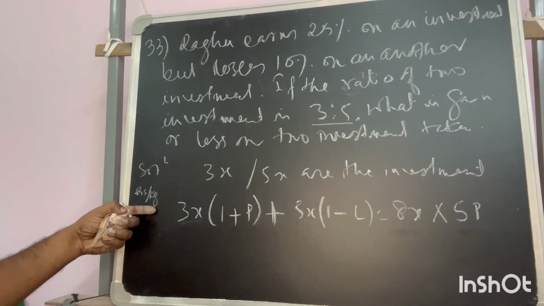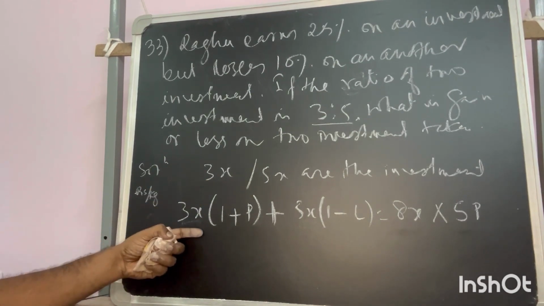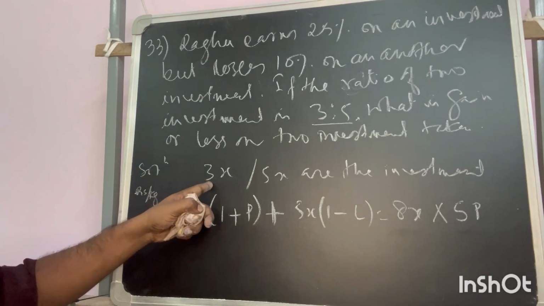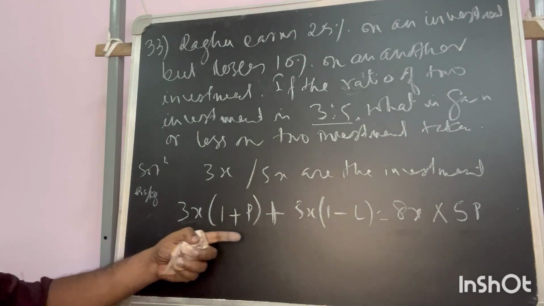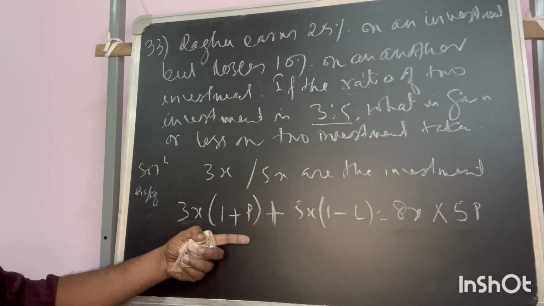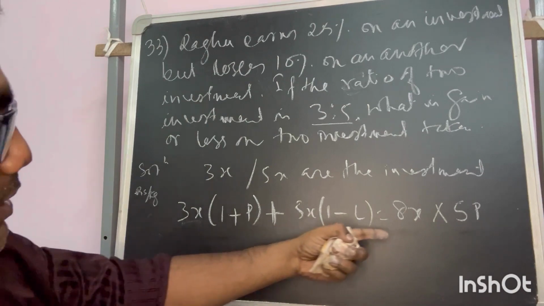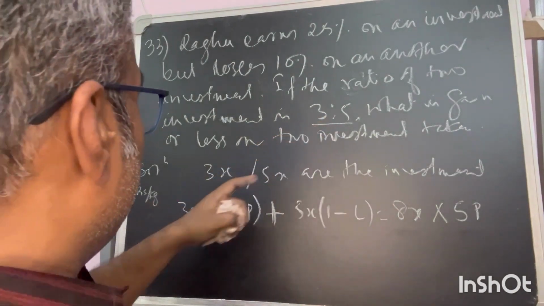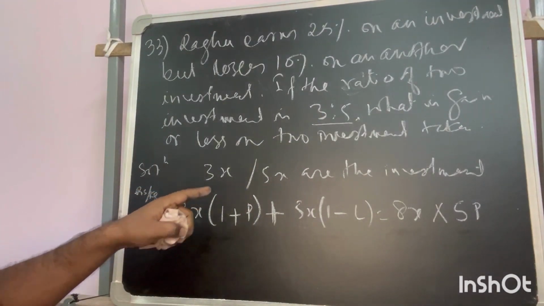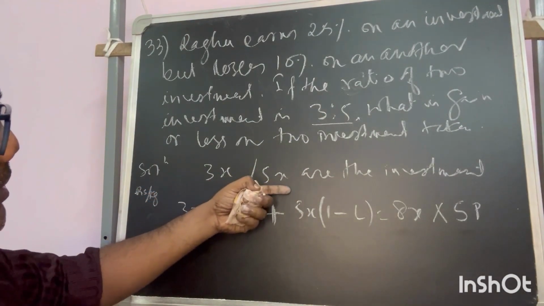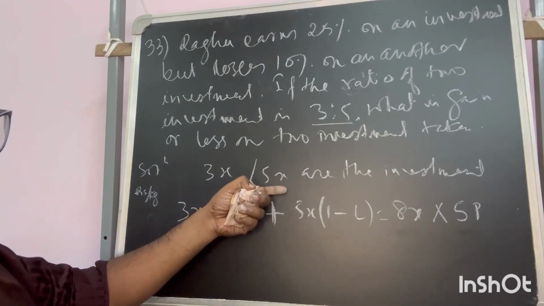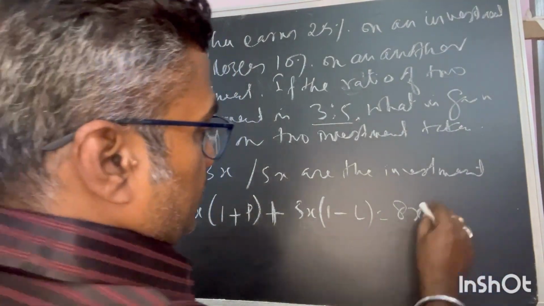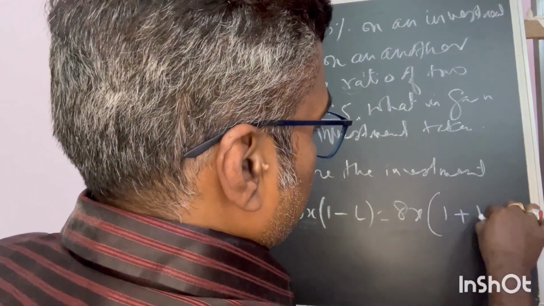This will give you the unit in rupees, 3 into this, in the ratio, multiplied with this, I will get the selling price, and this will be the selling price for the second one. If I assume the investment in rupees as 3x and 5x, I will take the profit as 1 plus profit.